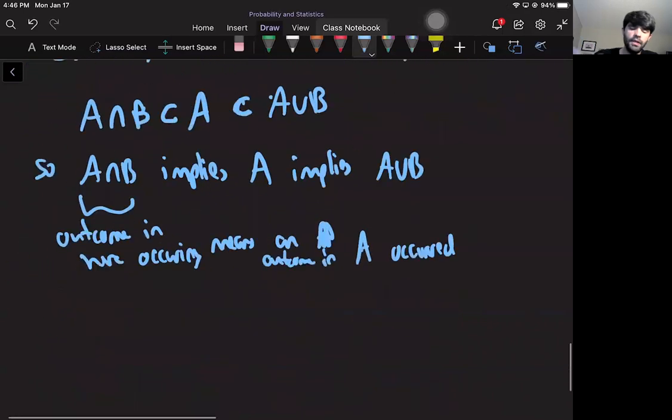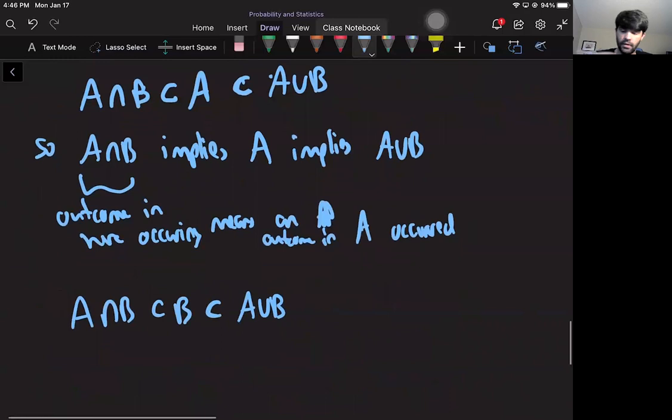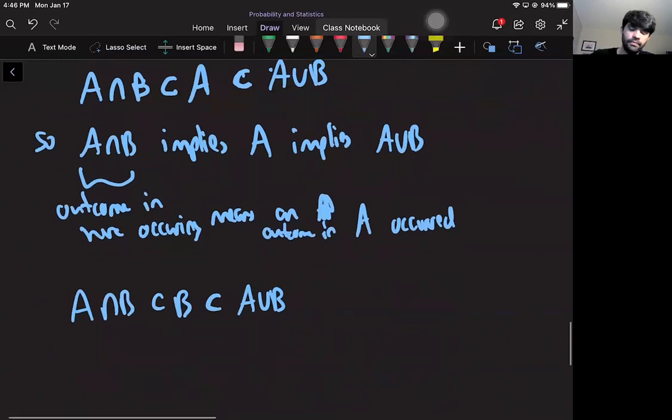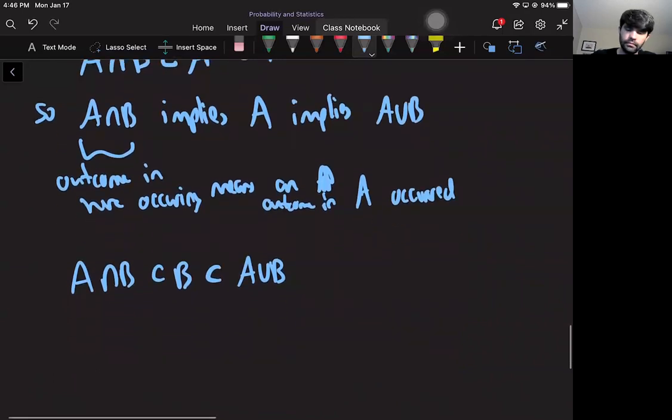You could do the same thing with B. So A intersect B is a subset of B, because you're just taking B and taking less of it, only the stuff that's also in A. And then when you take the union, you're making it bigger because you're adding the stuff that's in A. So unioning sort of seems like addition-ish. So you can sort of think about it like that.